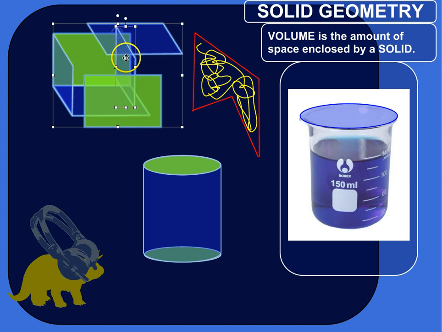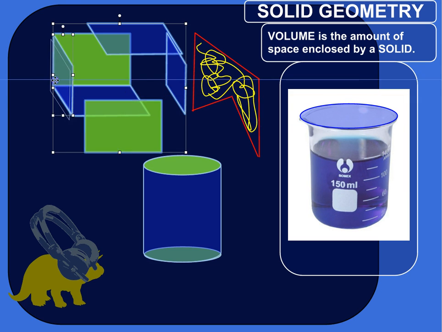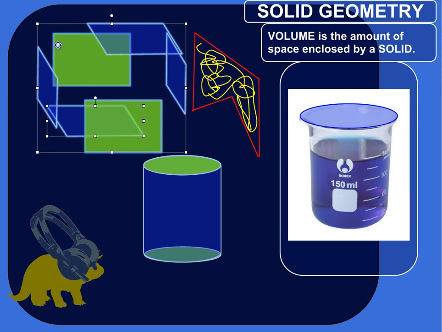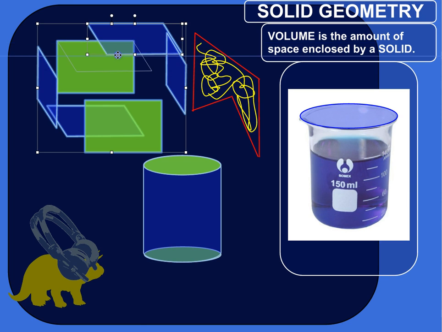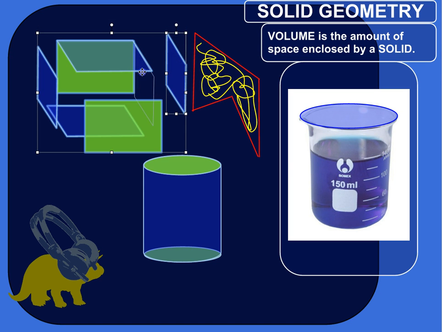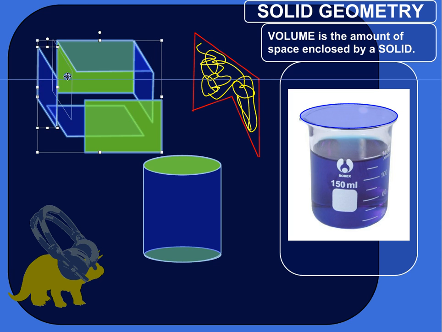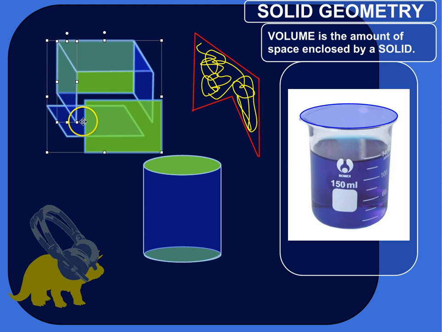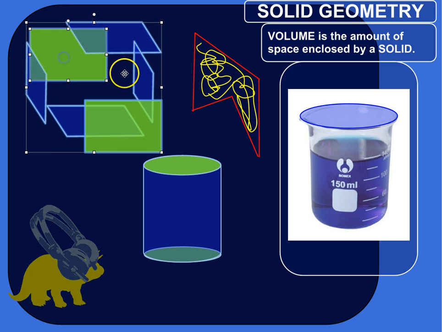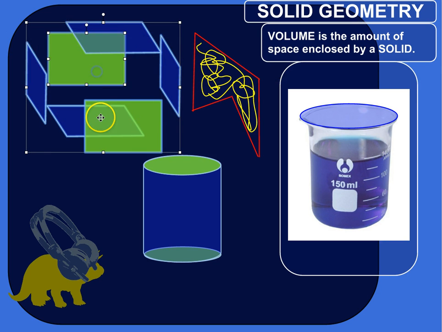So I've got this face, this face, this face, this face, this face, and when they're all attached to each other in the right way, so they're all touching, they're joined so that they completely enclose the space, then they enclose a space. So this collection of two-dimensional faces has no volume, but they enclose a volume when they're put together.